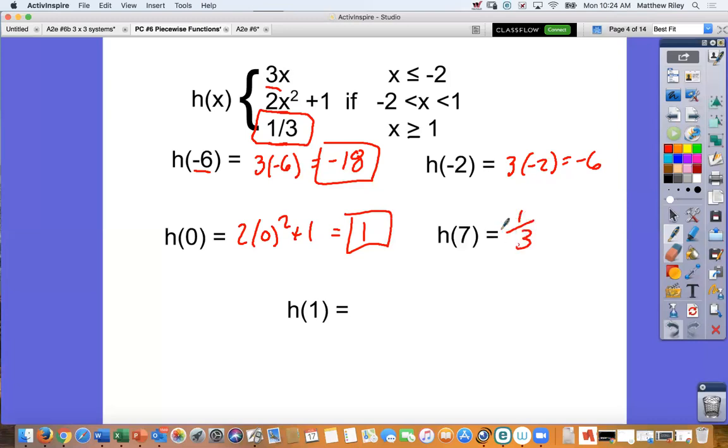So people get confused. They're like, well, how am I supposed to know what this is? Well, when x is 7, I use this equation. There's no x, so it's just 1/3. That's it. If it was an x, I would have to plug it in. But because there's no x there, it's constant. It stays the same. Questions there?